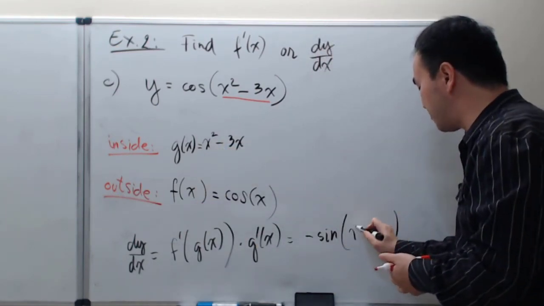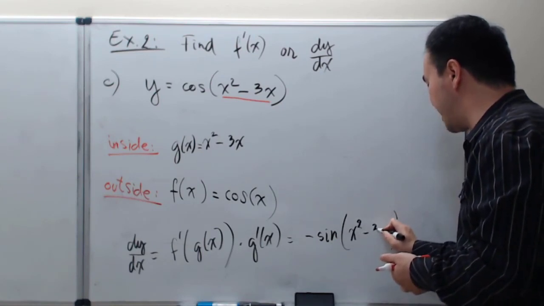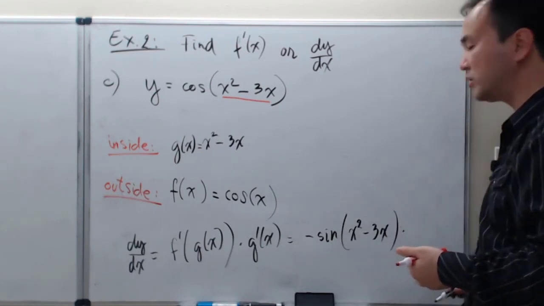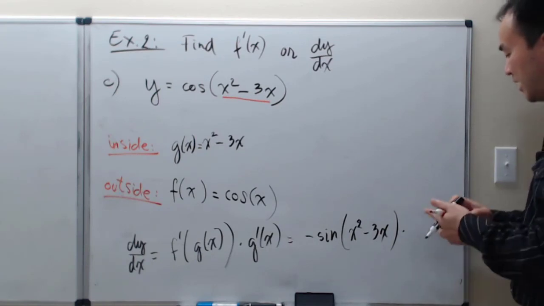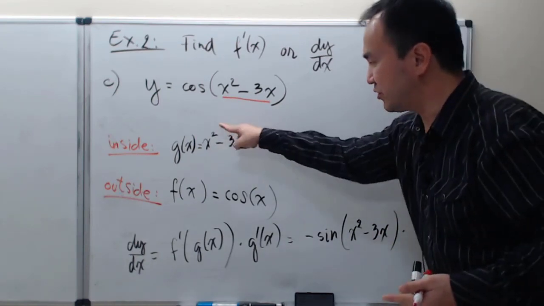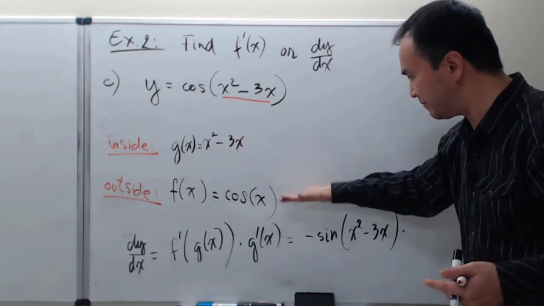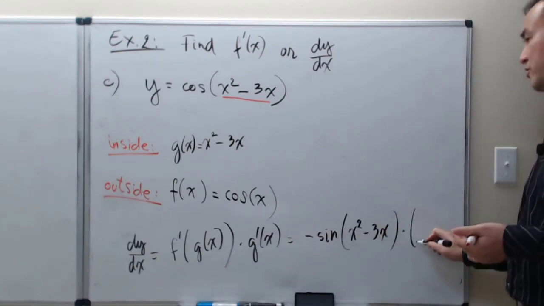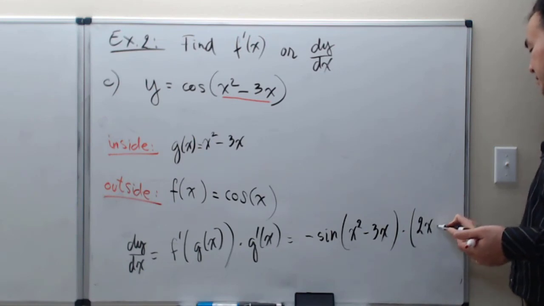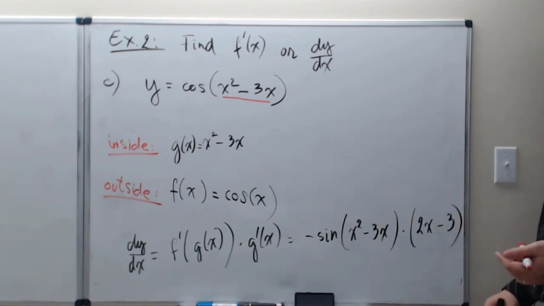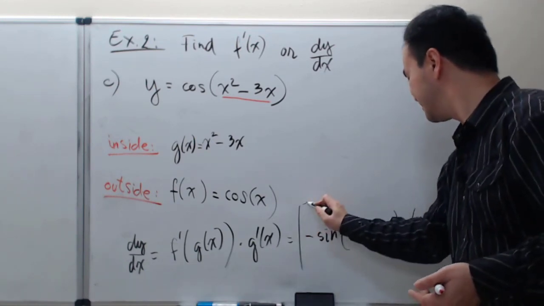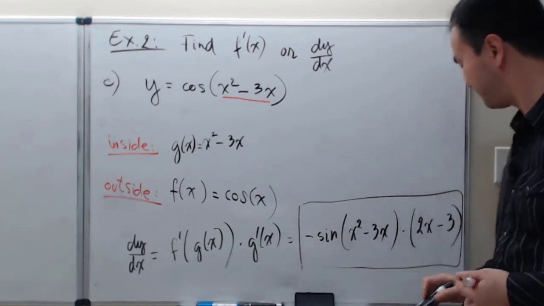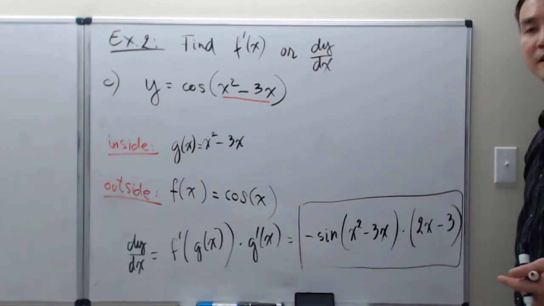I'm going to put that in my parentheses. Then I multiply with the derivative of the inside. So g prime is quite simple: 2x minus 3. And that is our final answer without taking too much effort.